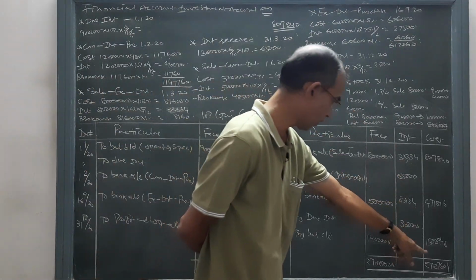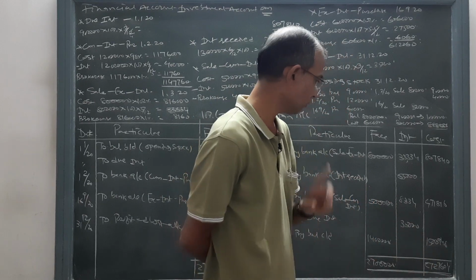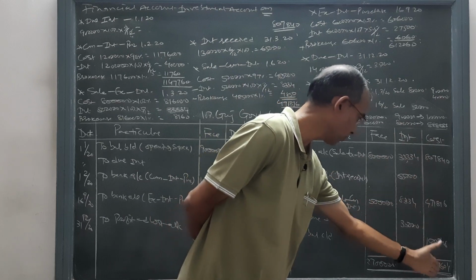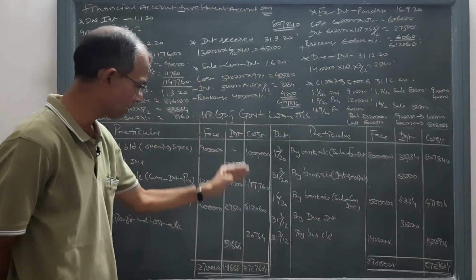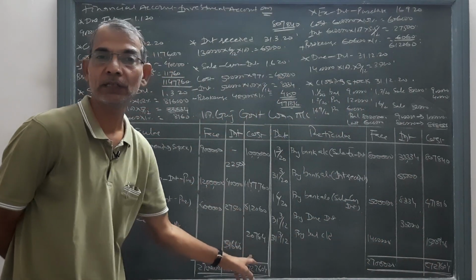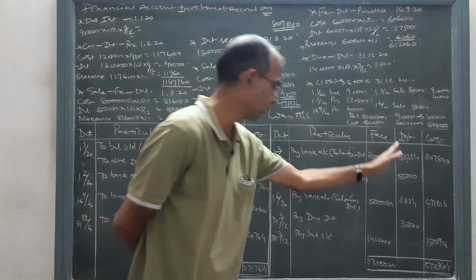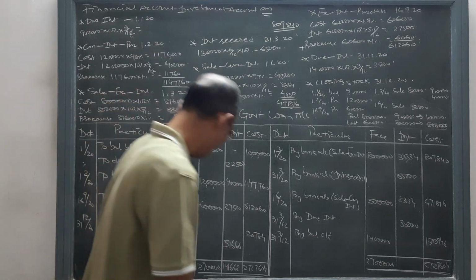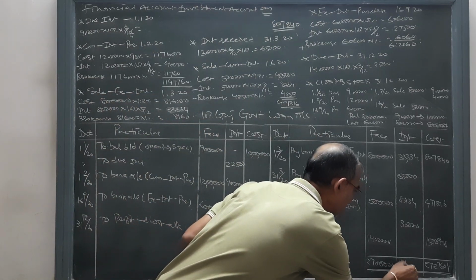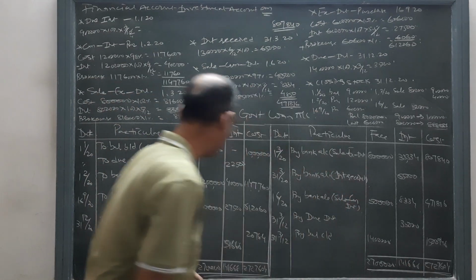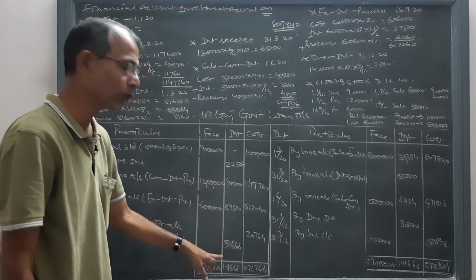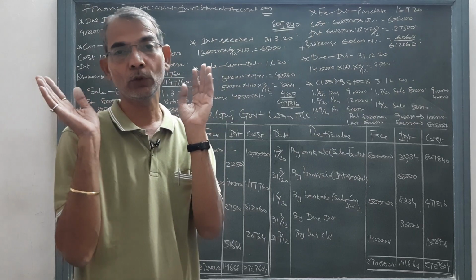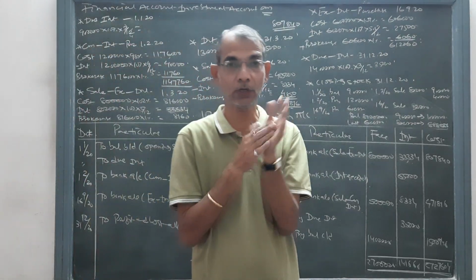So the total amount will be 15 lakh 948. Now adding the total of the credit side and subtracting these three figures, we will receive the profit, and adding the credit total of the interest column, that is 1,41,668, and subtracting these three figures, we will find the amount which will be transferred to the profit and loss account.